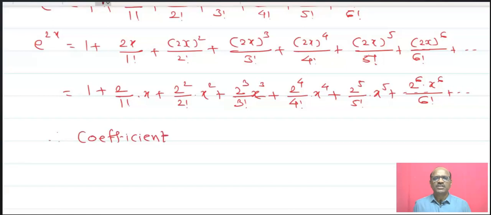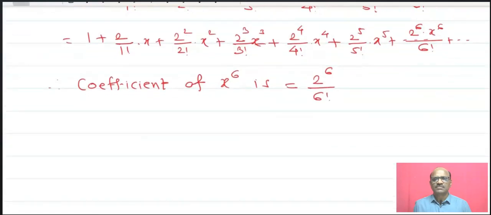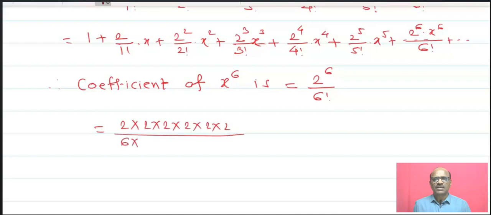Therefore, the coefficient of x^6 is 2^6/6!. Therefore, its value is 2 into 2 into 2 up to 6 times, upon 6 factorial. What does 6 factorial mean? 6 into 5 into 4 into 3 into 2 into 1.